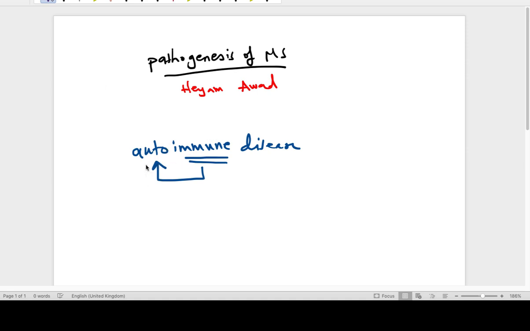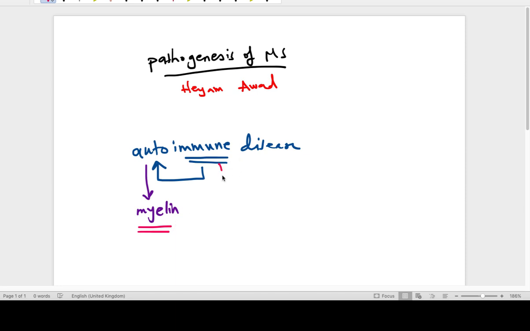And of course, in multiple sclerosis, naturally, this antigen must be a myelin antigen. So we have an immunologic response against a myelin antigen. We don't know exactly what is the myelin antigen that starts the whole process, but we have enough evidence to believe that the process is an autoimmune response against this myelin antigen.